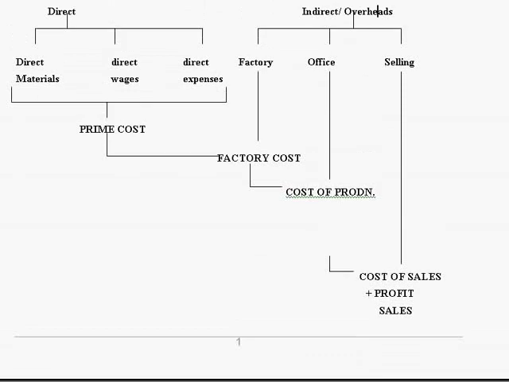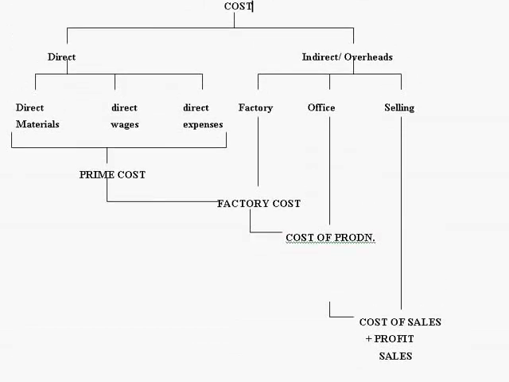Is that fine? You will add profit and you will get what? Sales. But now we are talking about what type of businessman? A trader or a manufacturer? A manufacturer has three types of stocks: stock of raw materials, work in progress, and finished goods.